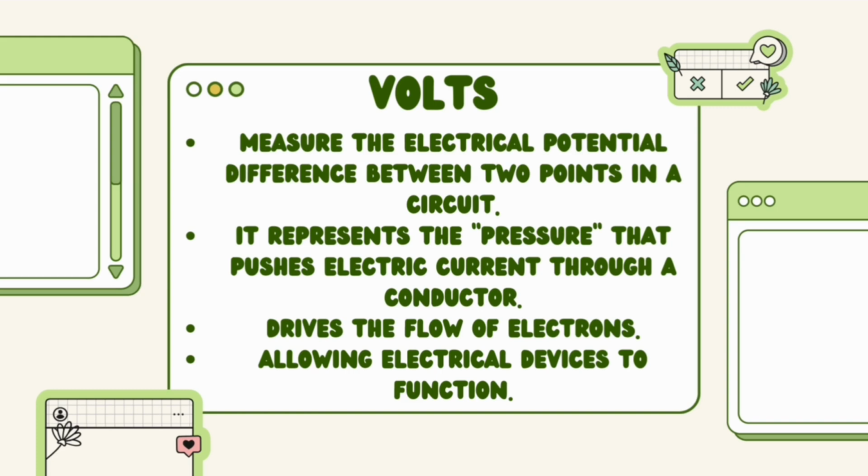The next one, volts. Voltage measures the electrical potential difference between two points in a circuit. It represents the pressure that pushes electric current through a conductor. Voltage is essential because it drives the flow of electrons, allowing electrical devices to function.